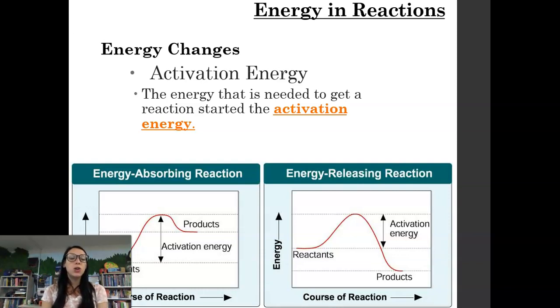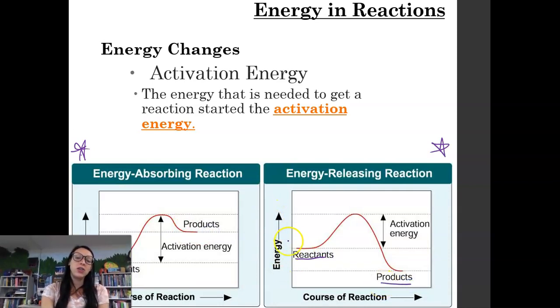So here we have an energy absorbing reaction on this side, and over here we have an energy releasing reaction. You can see the difference between the energy absorbing reaction and the energy releasing reaction and the amount of activation energy that is required. Notice that the reactants are on the side here, and the products are up here and down here.